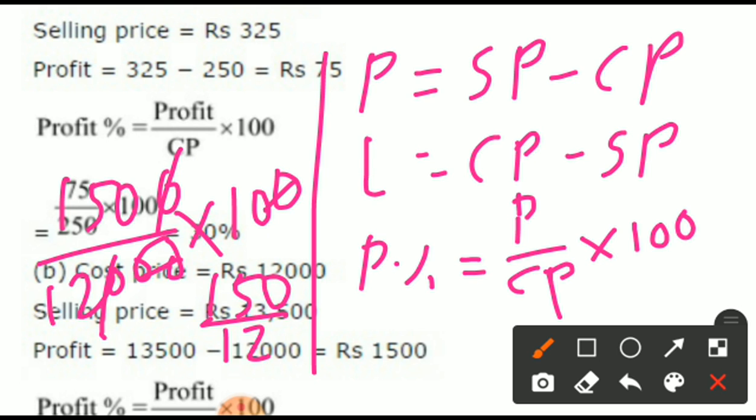So how to find out this 150 upon 12? Who is starting to find the answer? Yes, I am giving 2 minutes, or 1 minute. Right, you are a student of 7th standard and you know how to divide, and simple division is there. 150 upon 12. The answer will come in decimal.